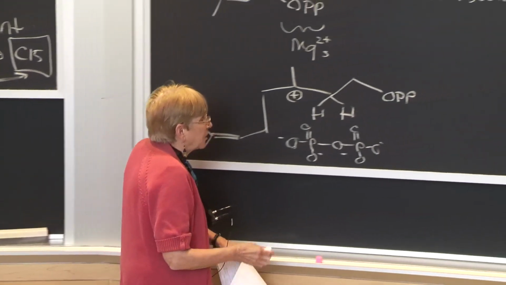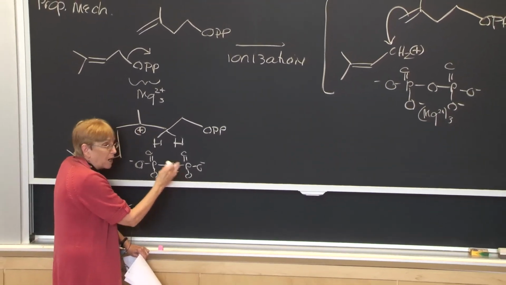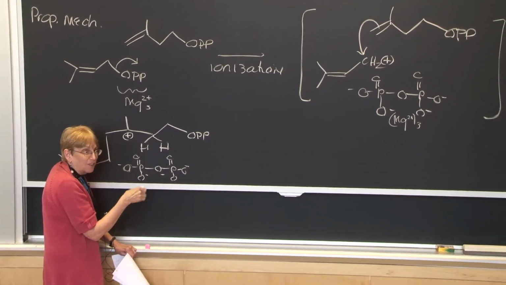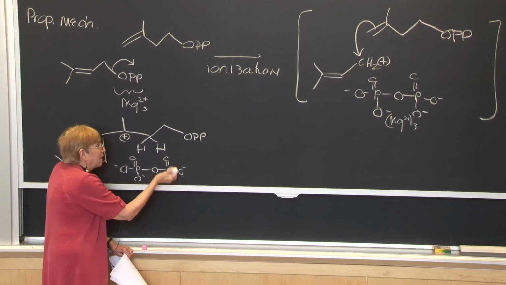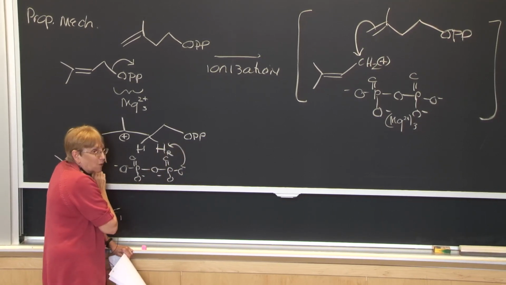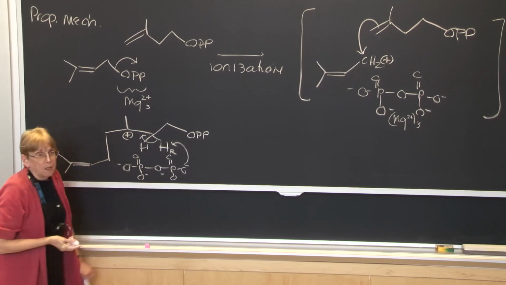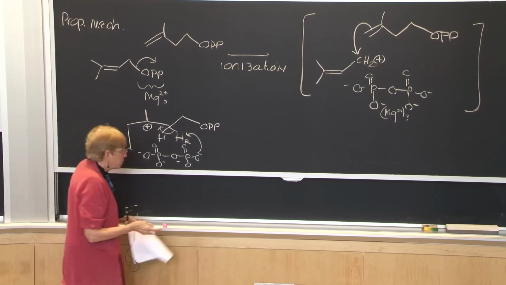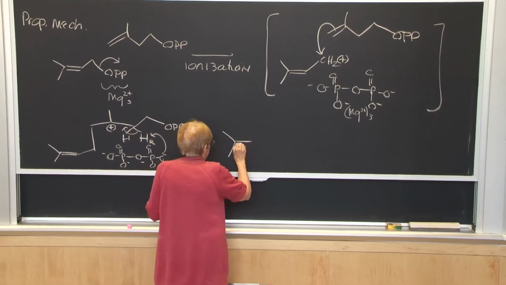So what's interesting about this, and I think this is sort of something that's pretty general, is the pyrophosphate in the active site. If you look in the active sites, they're amazingly hydrophobic. And the pyrophosphate, in some way, stereospecifically, I haven't drawn the stereochemistry here, removes the HR proton to generate the olefin. Okay, so what you've now generated is geranyl pyrophosphate.